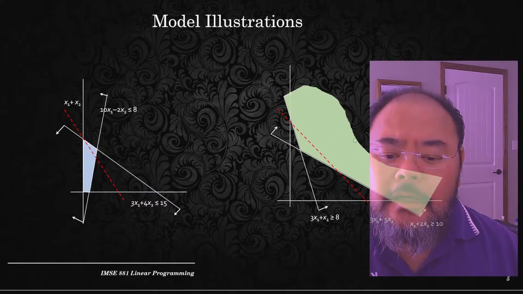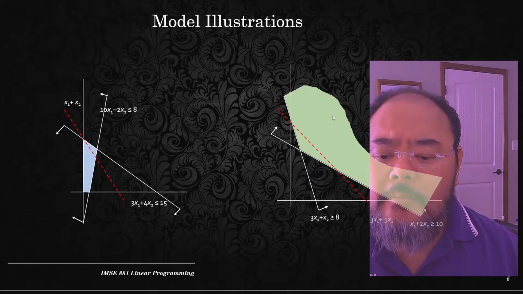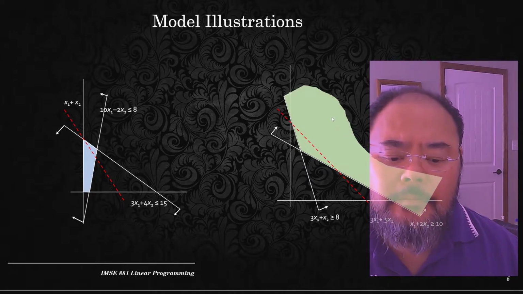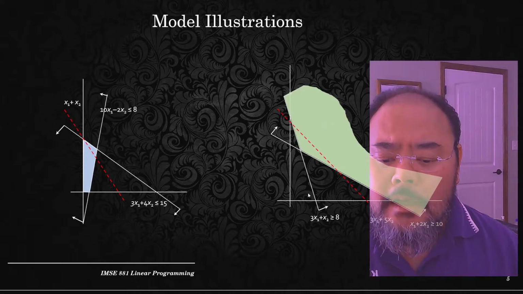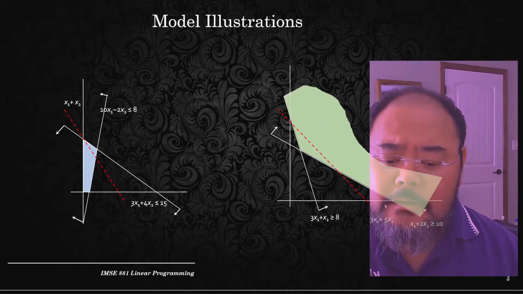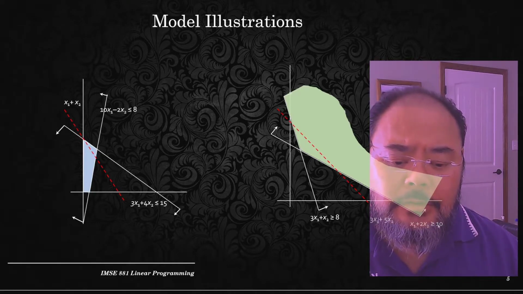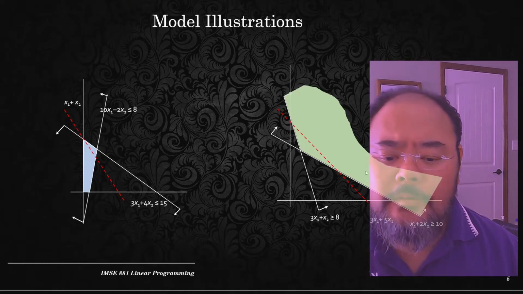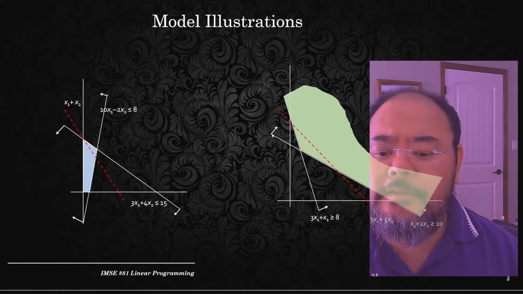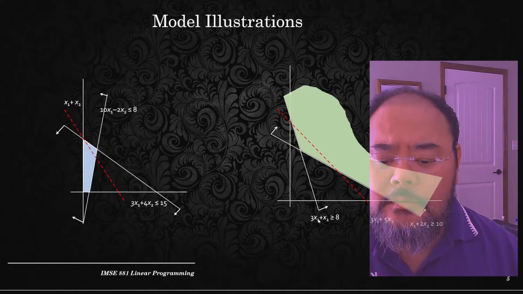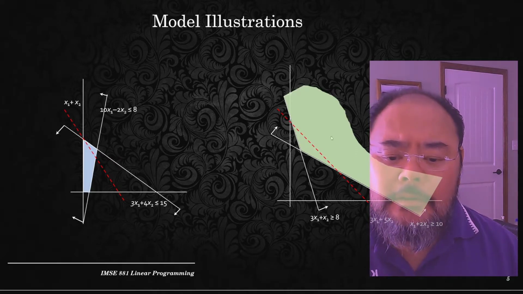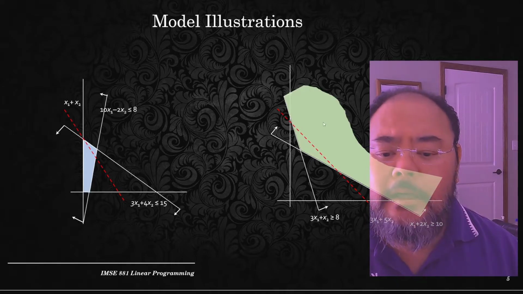The other case, the second example problem, is a minimization problem. The first constraint is x1 plus 2x2 greater than or equal to 10, represented by this area. The second constraint represents 3x1 plus x2 greater than or equal to 8. The green area is my feasible region.